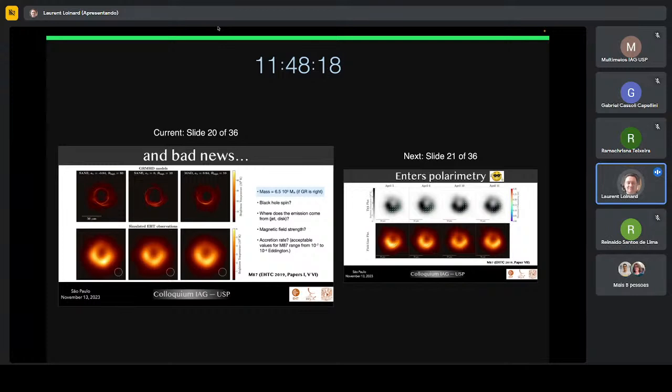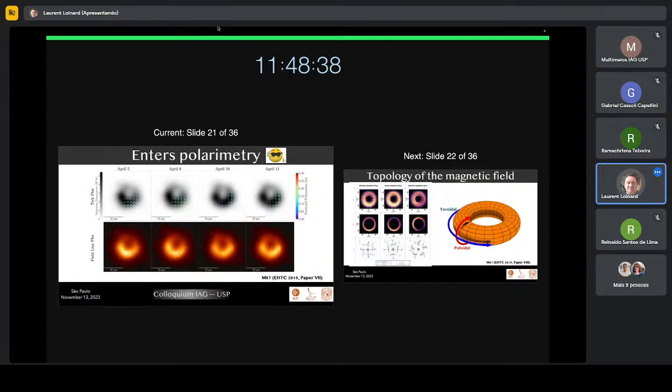And as an example, if we try to reconstruct from this image the accretion rate on the black hole, which is one of the most fundamental parameters you might want to know, there are 3 orders of magnitude uncertainty on the deduced value. So does it mean we are in a lost situation? Well, not quite.